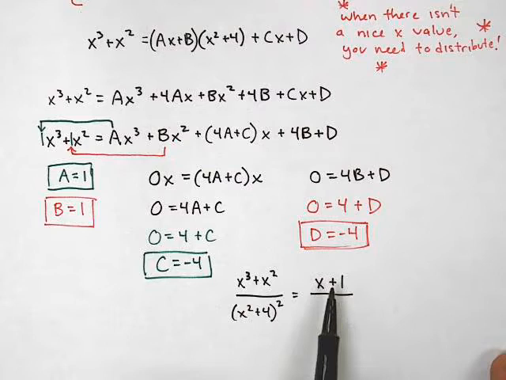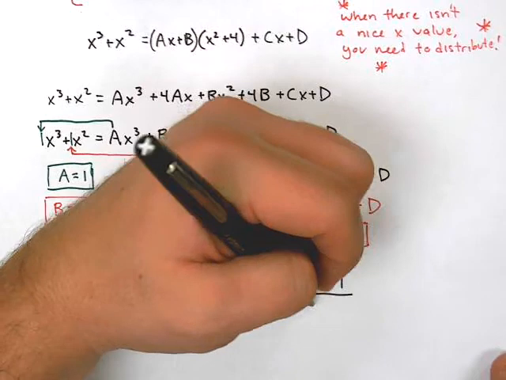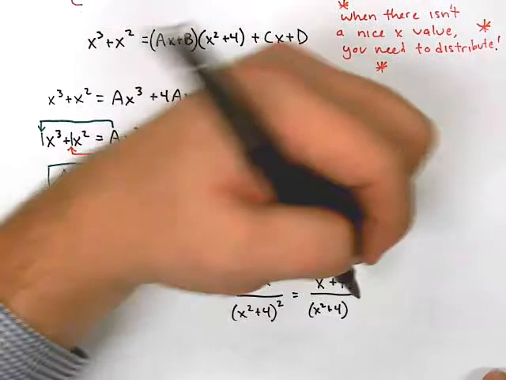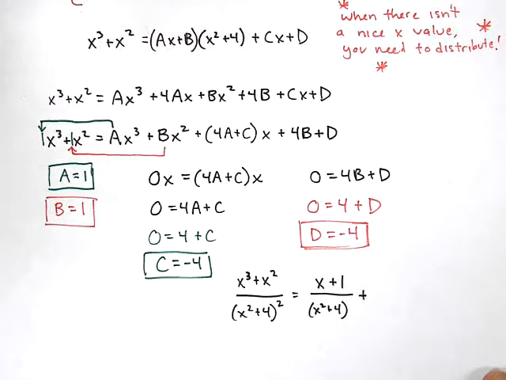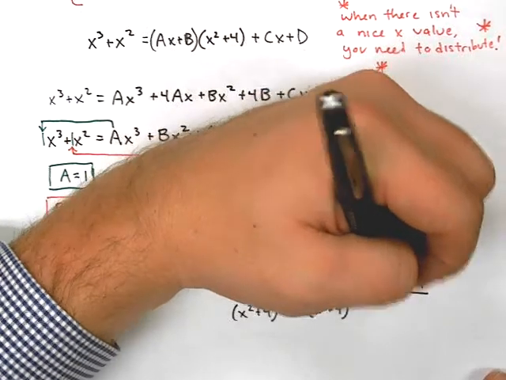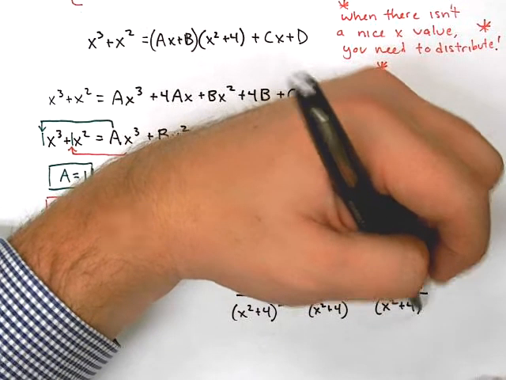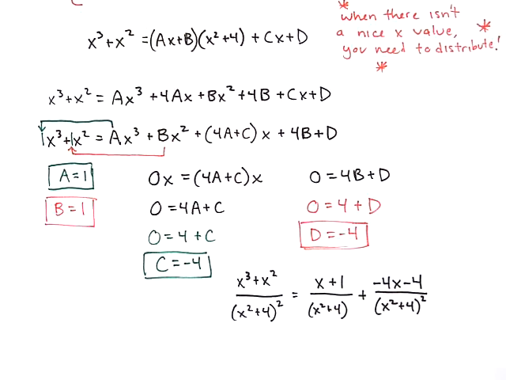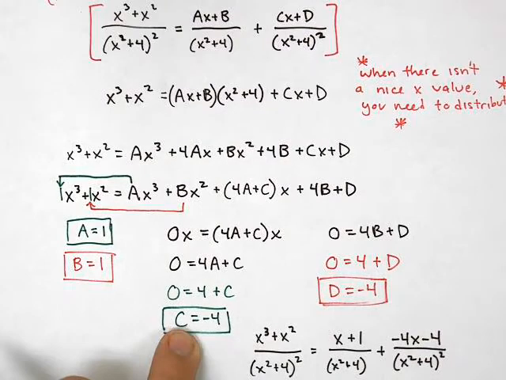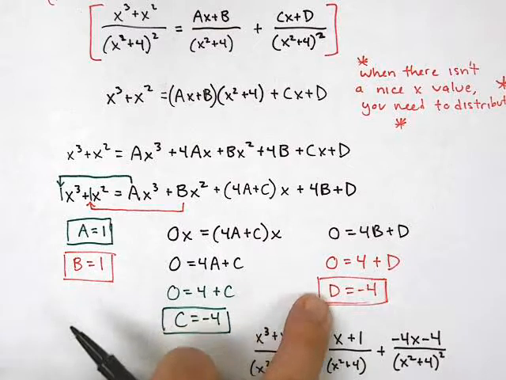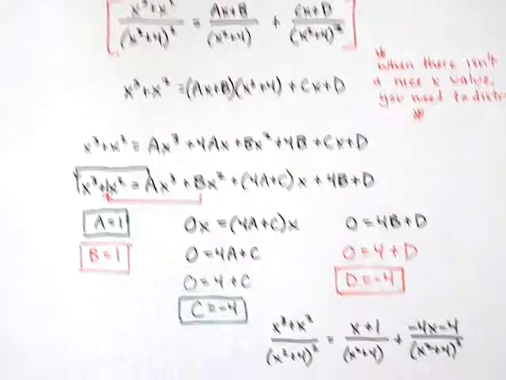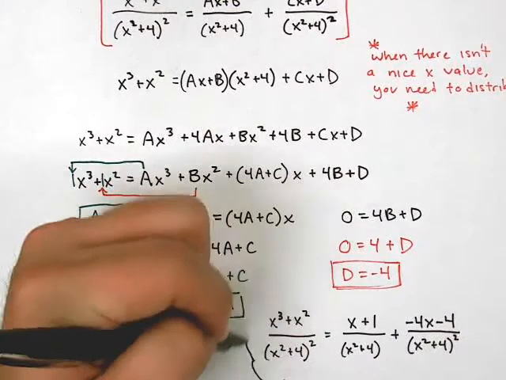So x plus 1 over x squared plus 4 plus negative 4x minus 4 all over x squared plus 4, and this one is squared. Again, all I did was I plugged in my a, b, c, and d values into a, b, c, and d from above to get here. And this would be my final answer.